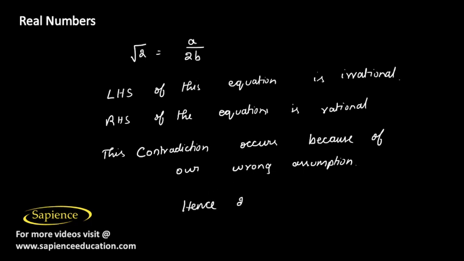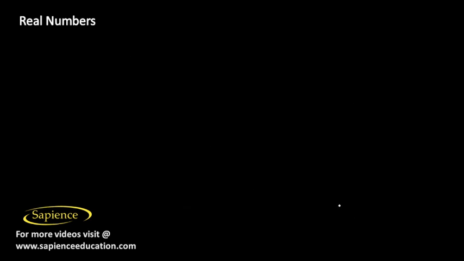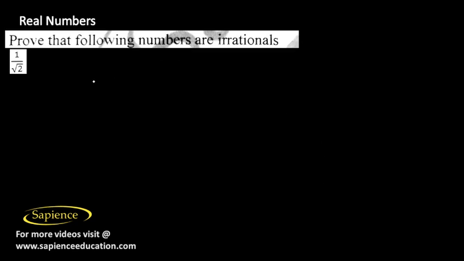Hence 2 root 2 is an irrational number. Now let us see another problem of similar kind. We need to prove 1 by root 2 as an irrational number.